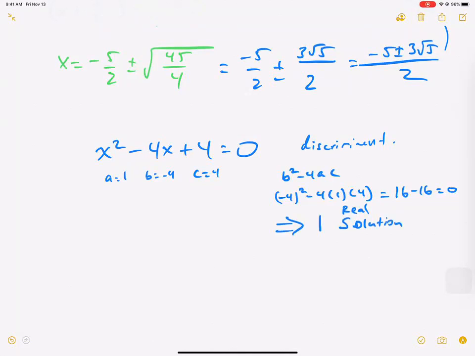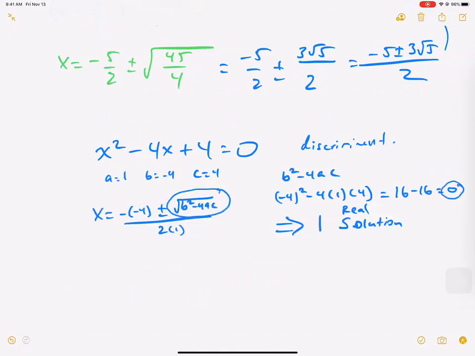Why is that? Well, let's look at the quadratic formula. x equals negative b, which is negative 4, plus and minus the square root of b squared minus 4ac, all over 2a. I left it as the a, b, and c version. What happens to this whole problem if the discriminant is 0?